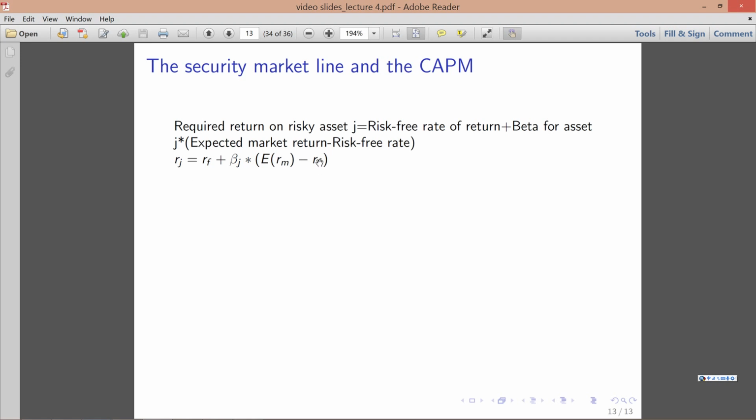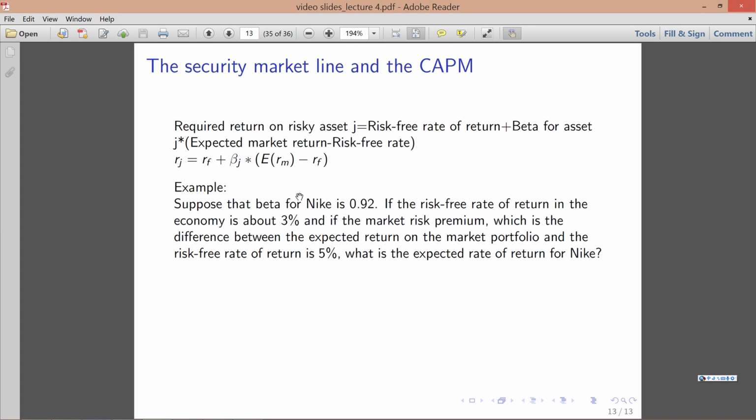Here's an example. Suppose the beta for Nike is 0.92, meaning that on average, when the market return increases by 1%, Nike's return will increase by 0.92%, right? If the risk-free rate of return in the economy is about 3% and the market risk premium is 5%, what is the expected return for Nike?